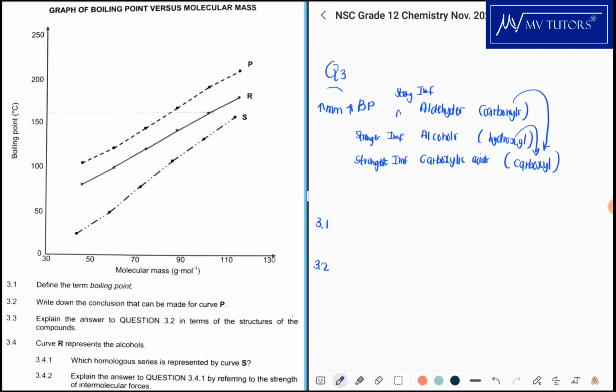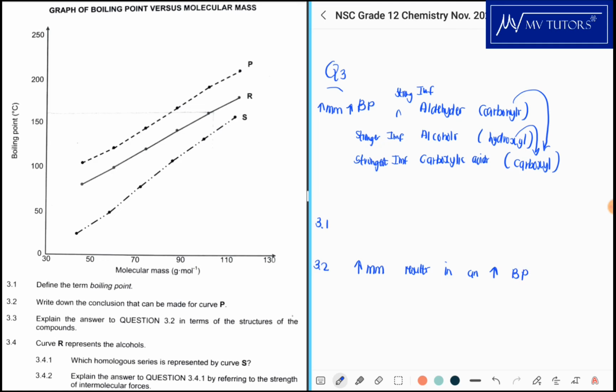For curve P, like I said, generally for all curves, an increase in boiling point is a result of an increase in molecular mass. So an increase in molecular mass results in an increase in the boiling point.